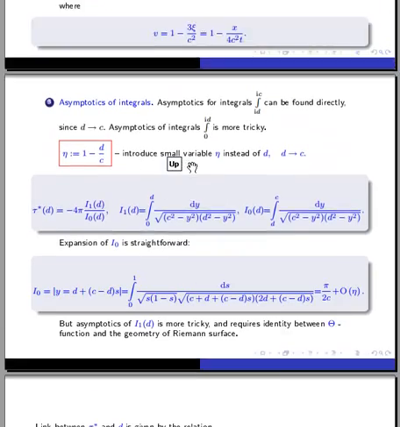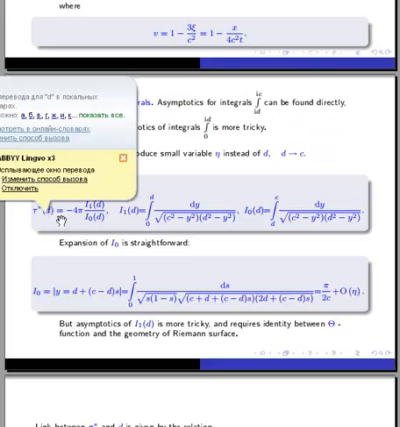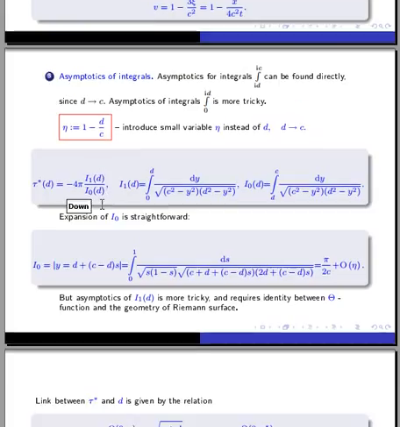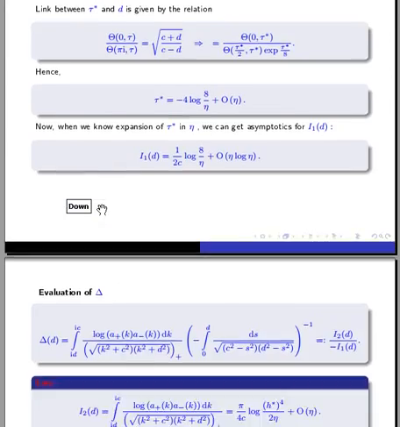Now come back to this formula. We see in this formula that we already know the asymptotics of the integral I0, and we already know the asymptotics of tau star in terms of d when d tends to c. So this gives us the asymptotics for the integral I1, and we have it in the following form.